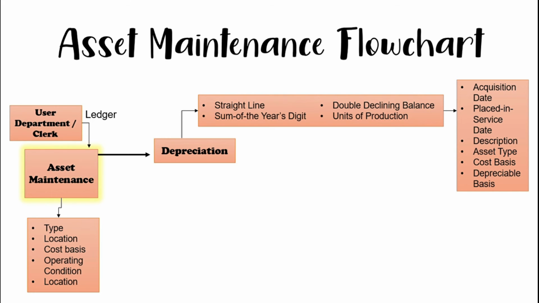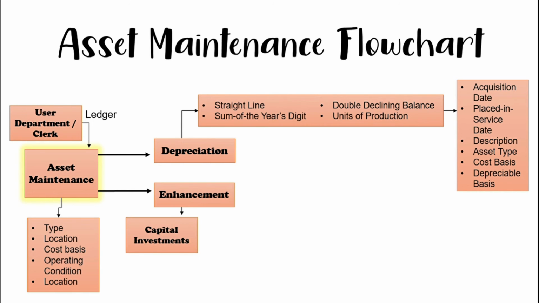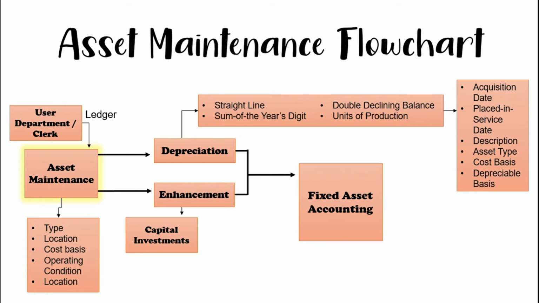Asset maintenance also involves adjusting asset accounts to reflect the cost of physical improvements that increase the asset's value or extend its useful life. Such enhancements, which are themselves capital investments, are processed as new asset acquisitions. Finally, the fixed assets are distributed throughout the organization and are subject to risk from theft and misappropriation.